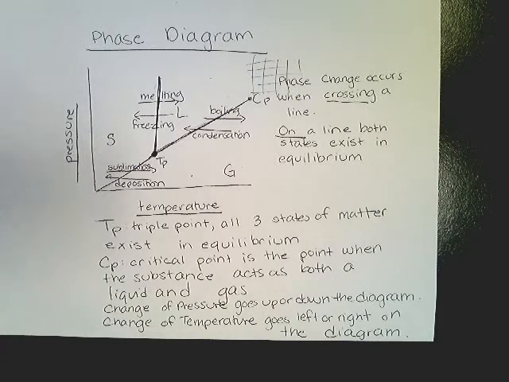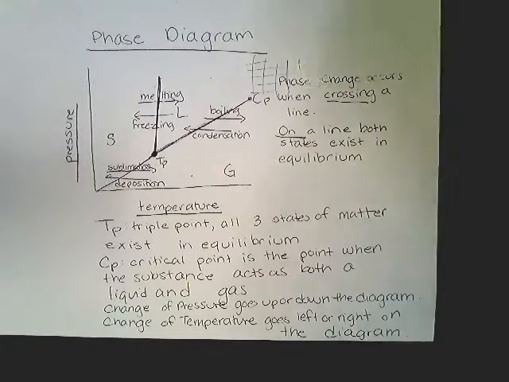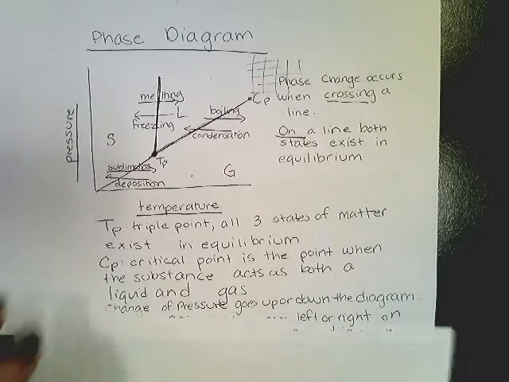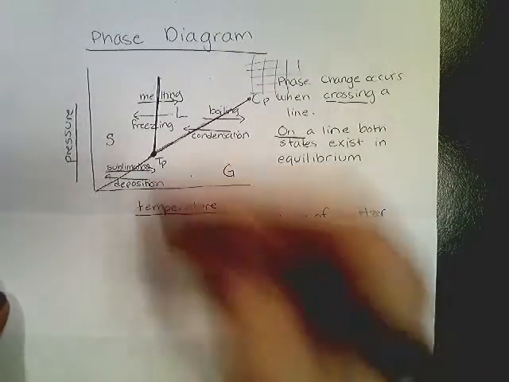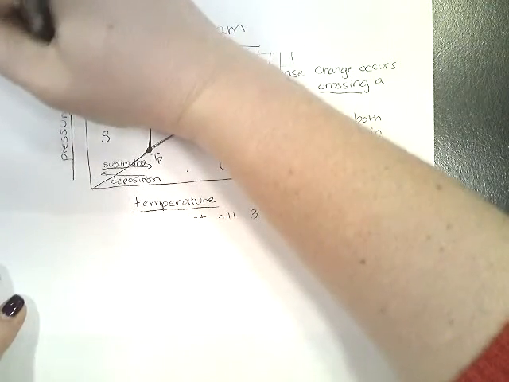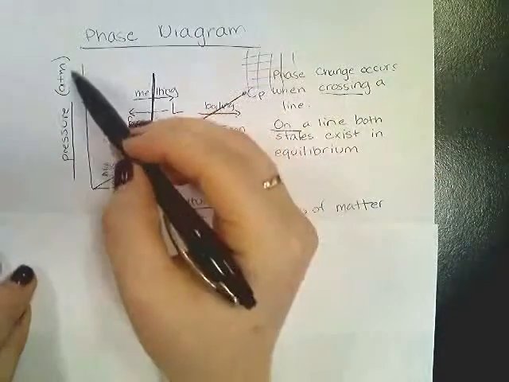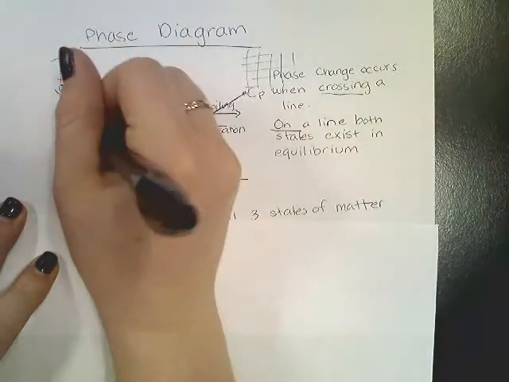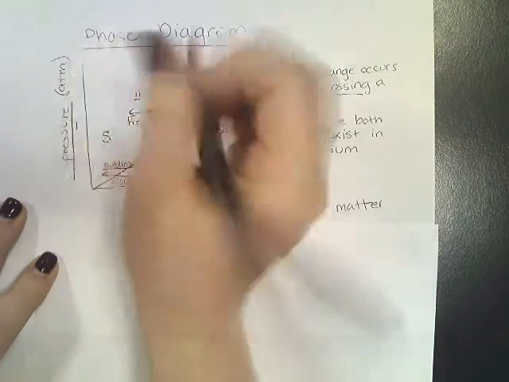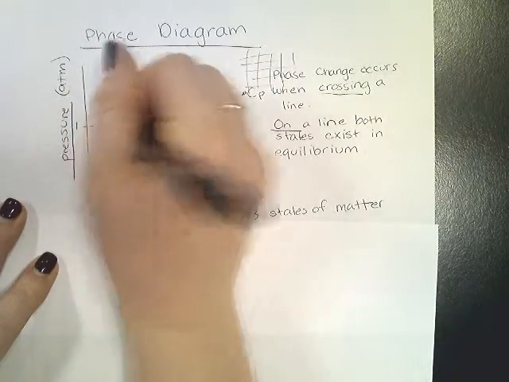The other points you're going to need to know will be the normal boiling point and the normal freezing point. So, looking at my graph, pressure is going to be in ATM. This stands for atmospheric pressure. And we're going to have an atmospheric pressure of 1 ATM as our normal.